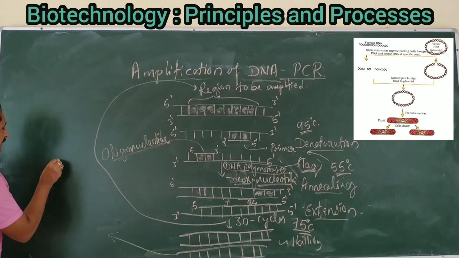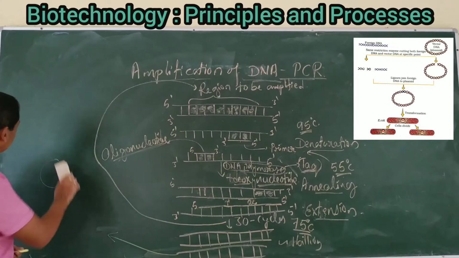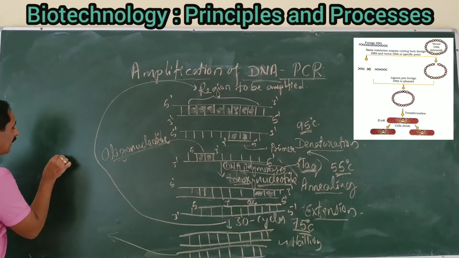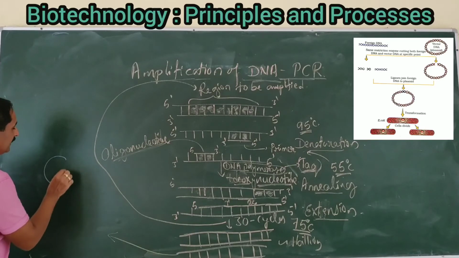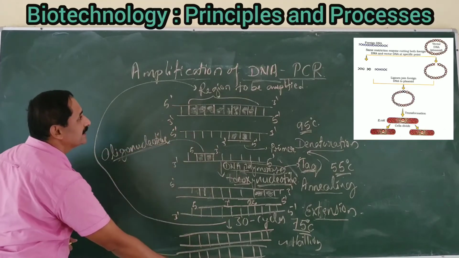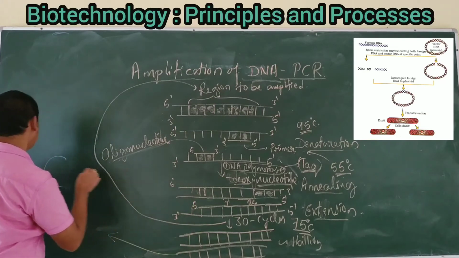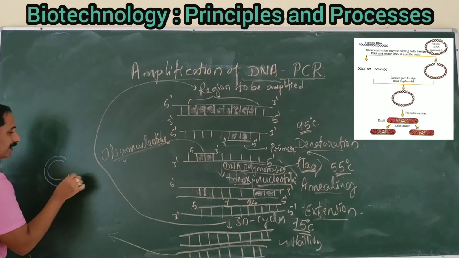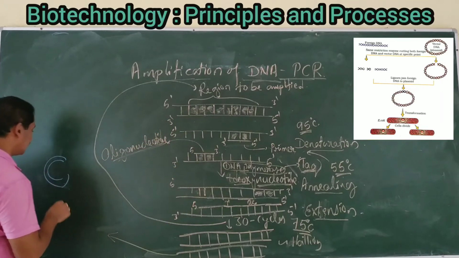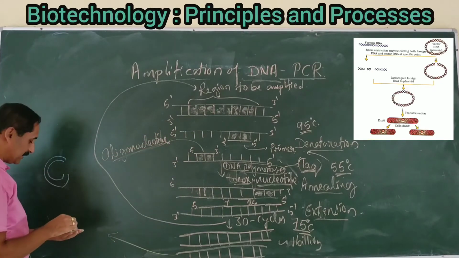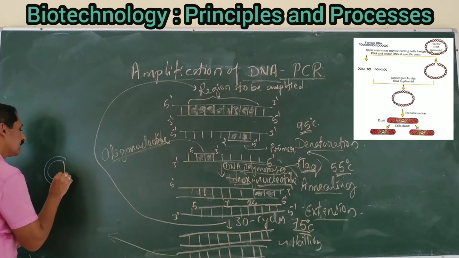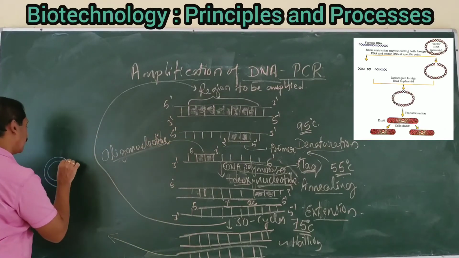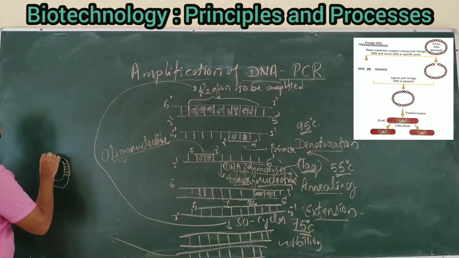So that is the production of rDNA. We have to use the same technique to amplify the plasmid and also the gene of interest. After the amplification, we have to introduce this fragment of foreign gene into a plasmid.